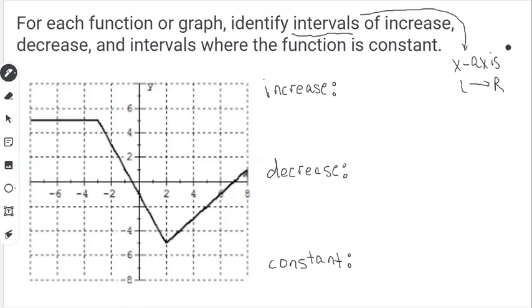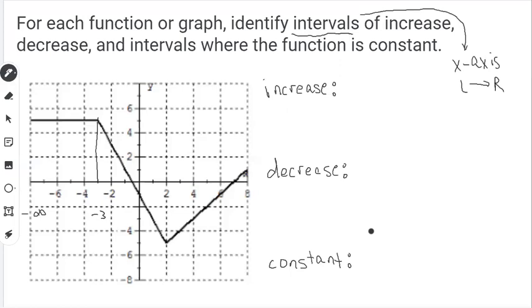The first thing I'll say about this is the function is constant, right? It's constant until we get to this point right here. And this point would be -3. So from negative infinity to -3, the function is constant.